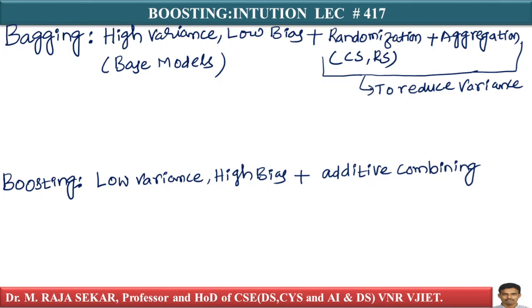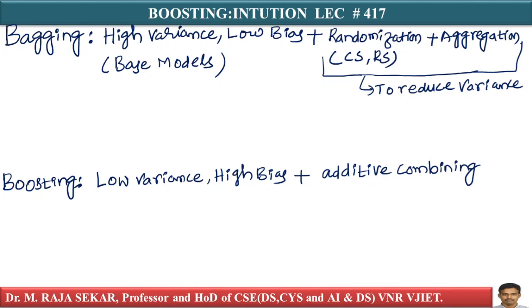We have base models with low variance and high bias, like shallow decision trees, and the whole objective is to reduce bias. We reduce bias by training on the error, on the residuals of the previous stage.